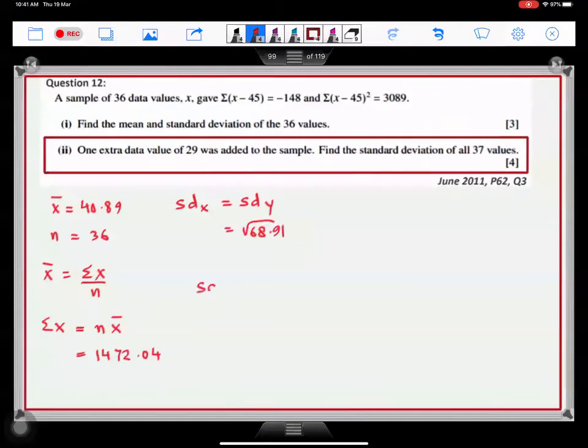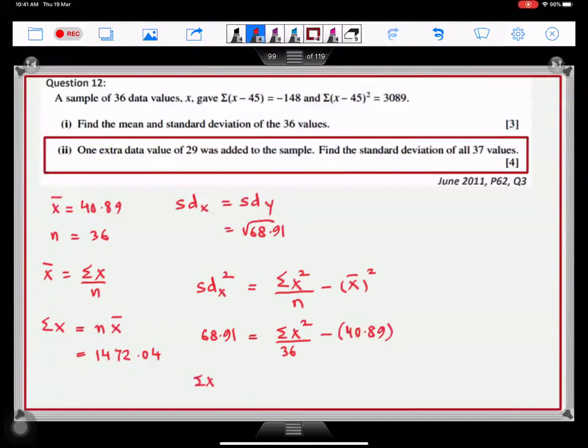Therefore, SDx whole square is sigma x square over n, n is 36, I'll use it later, minus x bar square. So 68.91, after the squaring, equals sigma x square over 36 minus x bar. What is x bar? X bar is 40.89.